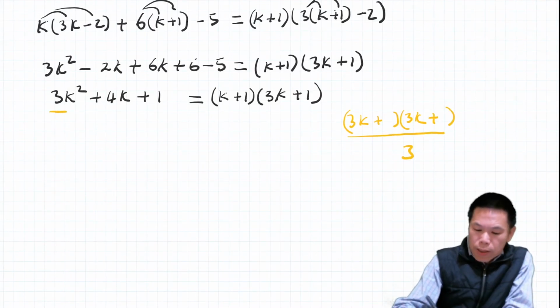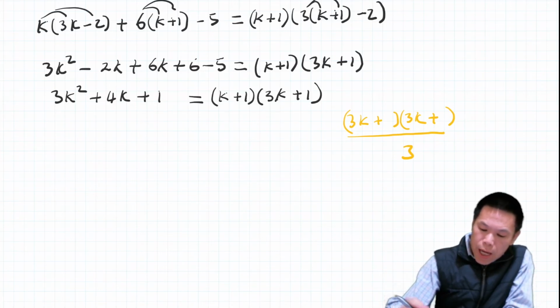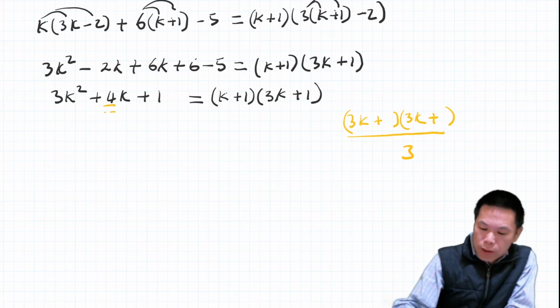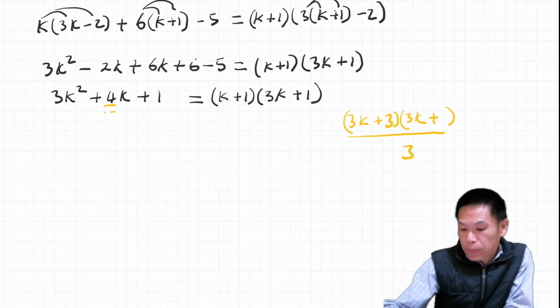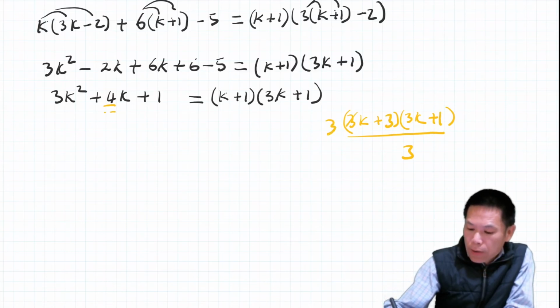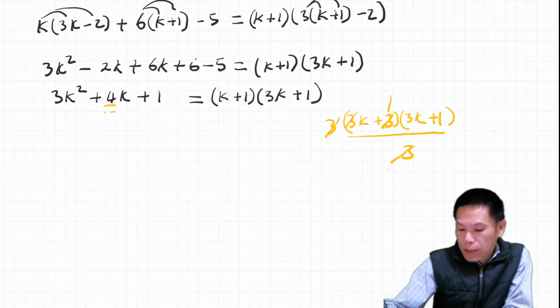So this times this together gives me 3. So what gives me 3 and adds to give me 4, because it's numbered there? So 3 and 1. So I take the 3 out, that cancels. So this is it. So that is k plus 1 and 3k plus 1.